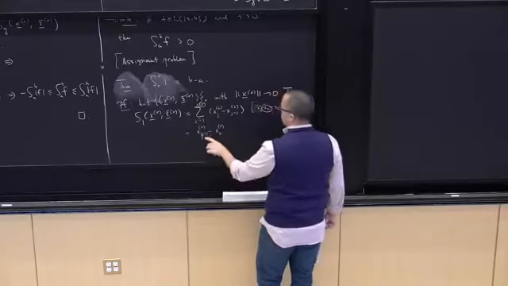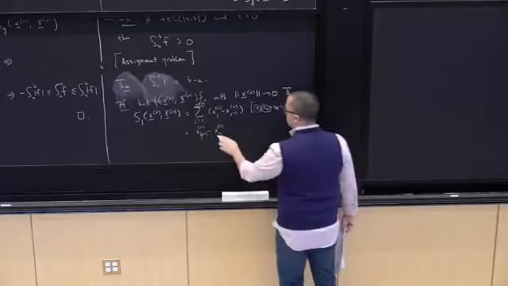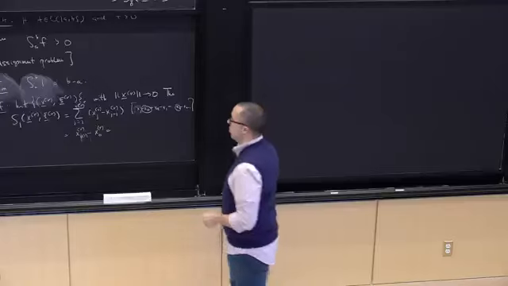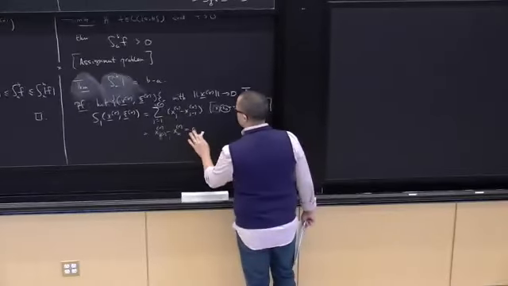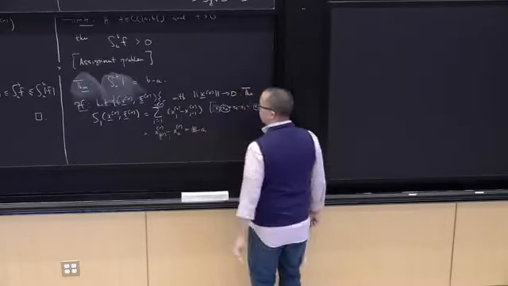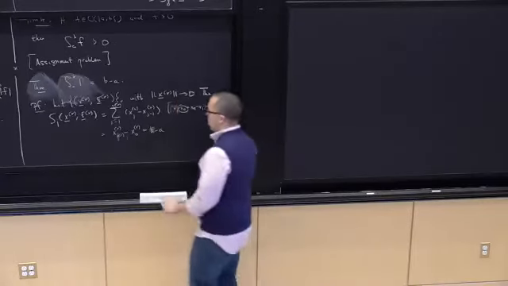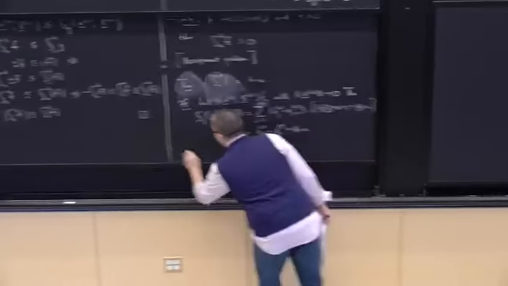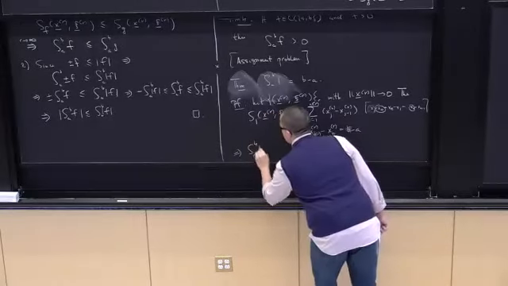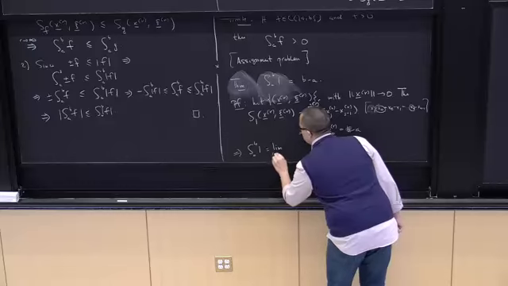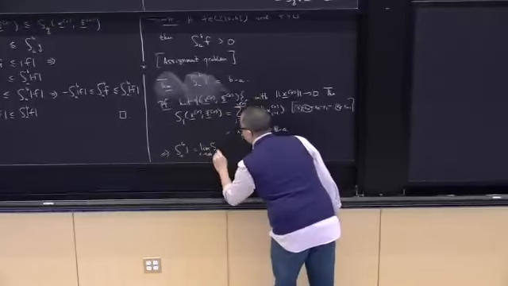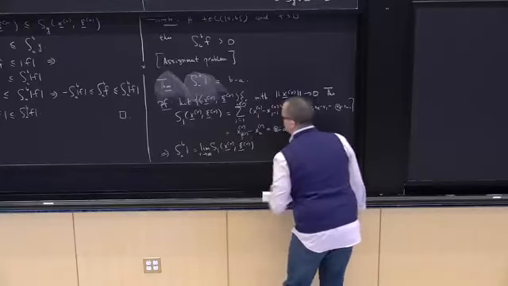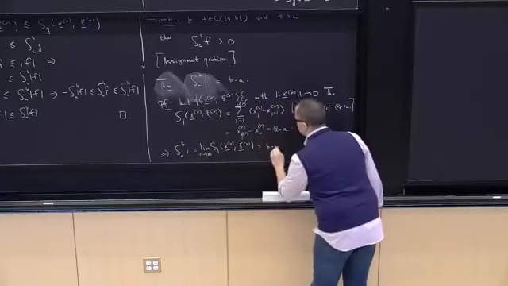This is the last point in the partition, and this is the first point in the partition. And as always for partitions, the last point is b and the first point is a. So this is equal to b minus a. So the left-hand side is equal to b minus a, which tells me that the integral, which is equal to this limit of Riemann sums, is equal to b minus a.